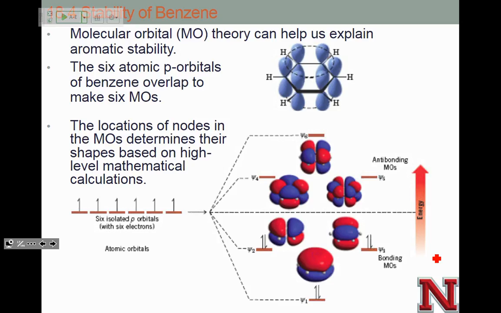So the fact that our 6 p orbitals are in a closed ring system, meaning that we don't have an sp3 orbital, is what causes our molecular orbital diagram to look like this. So for something to be aromatic, the first thing it's going to have to be is a closed conjugated pi system. If it's not a conjugated pi system in a ring, then it will not be aromatic.